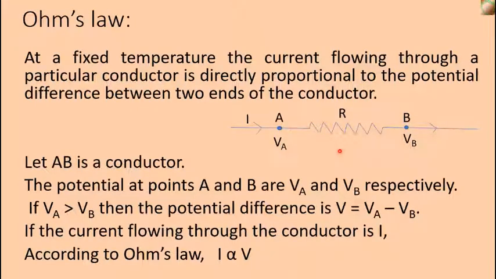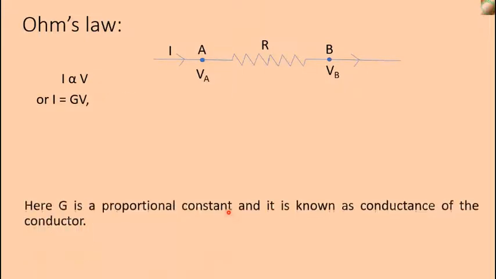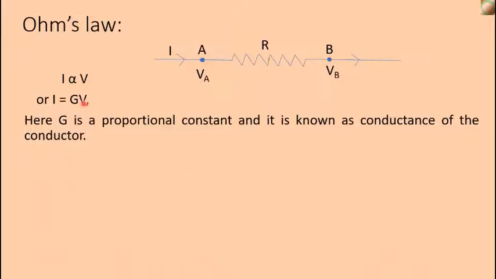Here the potential difference between the two ends of the conductor is V and the current flowing through this conductor is I. Therefore you can write I is proportional to V, or I is equal to GV. Here G is a proportional constant and it is known as the conductance of the conductor.